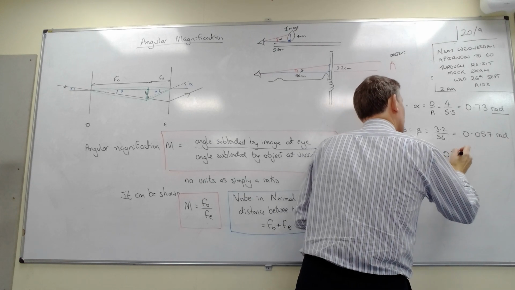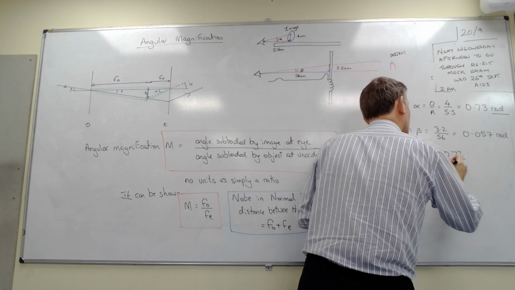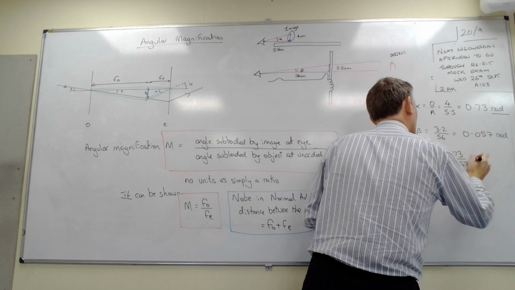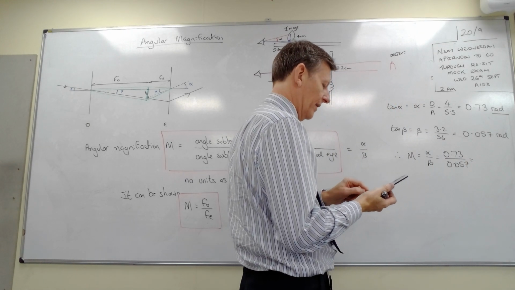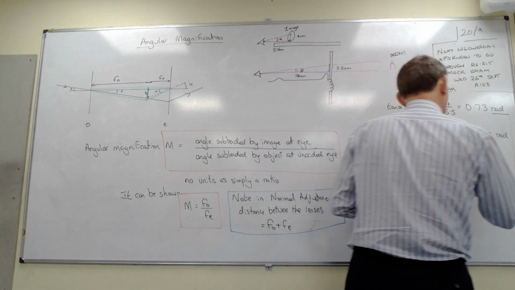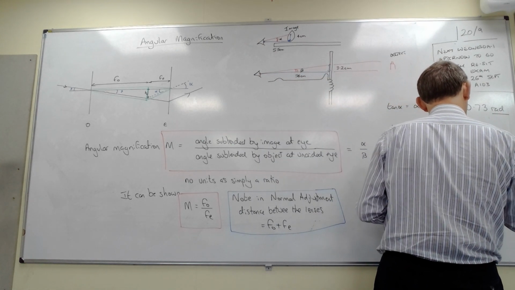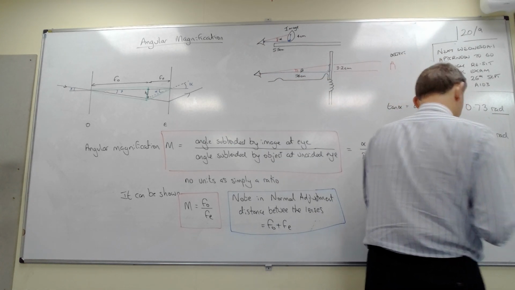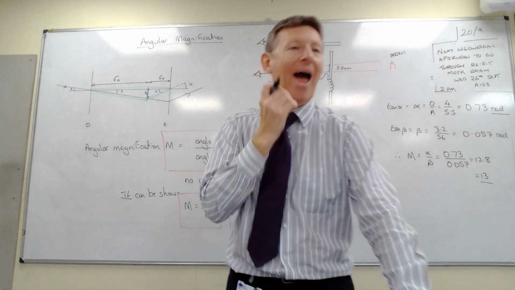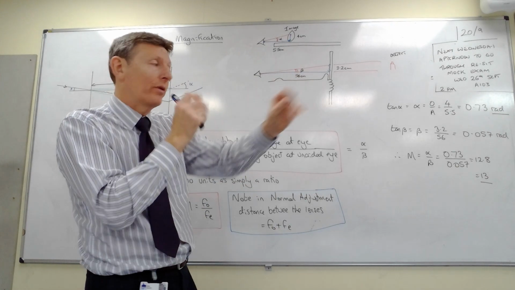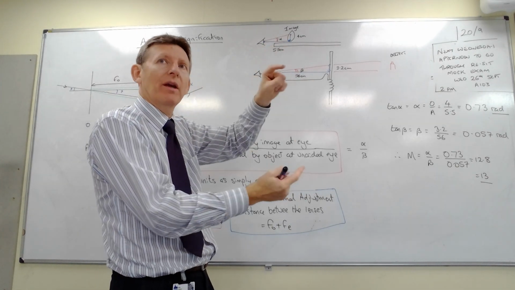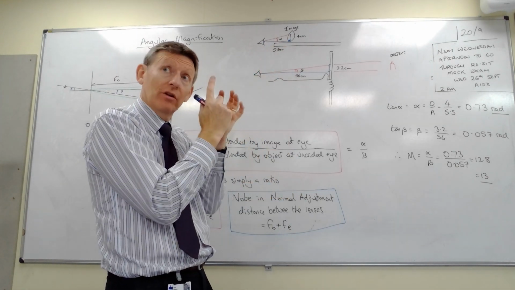So 0.73 divided by 0.057 is 12.8. We'll just call it 13. So on a linear telescope, the image you look at will be 13 times bigger than the actual object itself as we're looking at it.